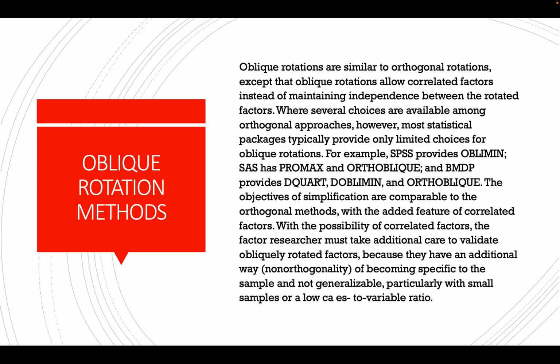Oblique rotation methods. Let's talk about oblique rotation. Oblique rotations are similar to orthogonal rotations, except that oblique rotations allow correlated factors instead of maintaining independence between the rotated factors. Where several choices are available among the orthogonal approaches, most statistical packages typically provide only limited choices for oblique rotation.